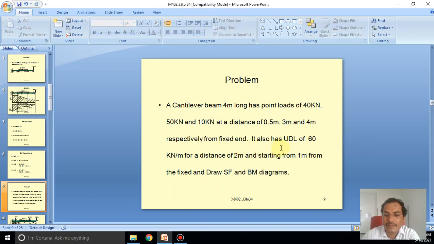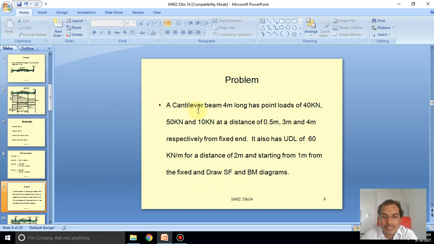It also has a UDL load of 60 kilonewton per meter for a distance of 2 meter, starting 1 meter from the fixed end. Draw the shear force and bending moment diagram. So this is the problem.